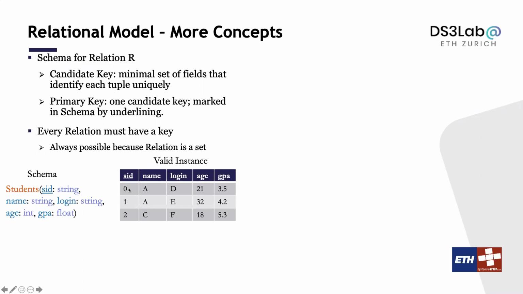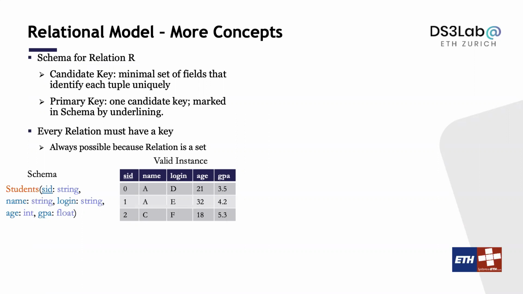First, every single tuple satisfies the constraint specified by the domain. If I take every single tuple, the age attribute is always an integer, the GPA attribute is always a floating point, and name and login are always strings that are consistent with the domain of each attribute I specified in my schema. This is the first reason.